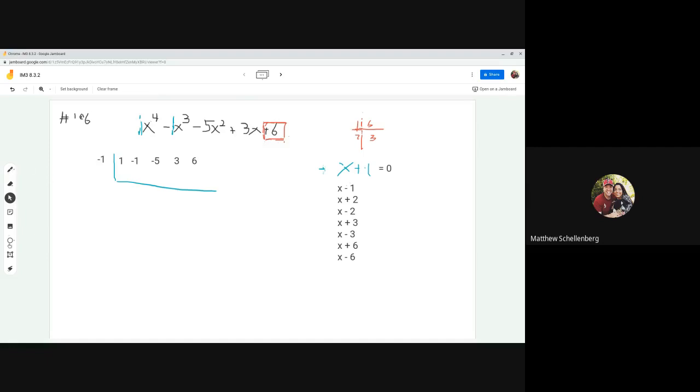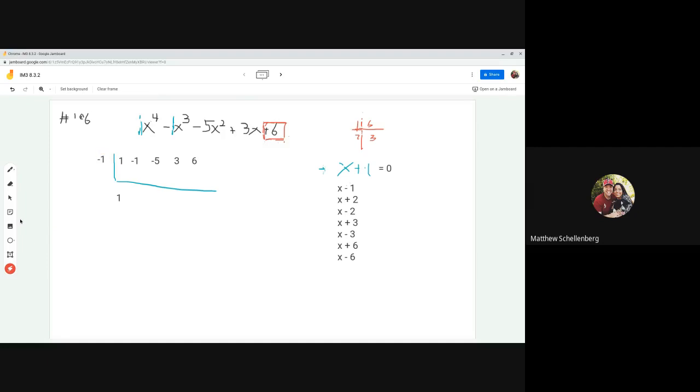So you start by bringing down that first number, which was 1. And then you multiply it by the number up top here.